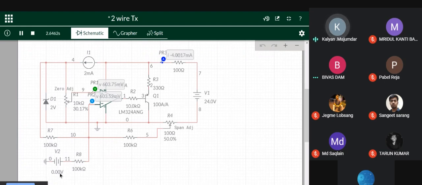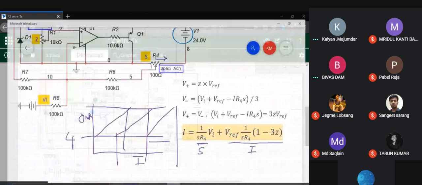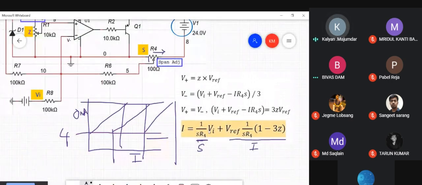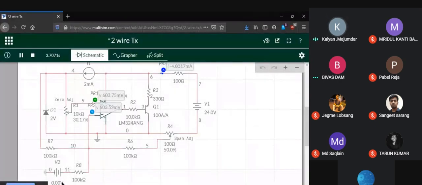Now, what is expected is that there's a linear relationship between input voltage and current. So if the input voltage changes, our current should proportionately change. I'm changing the input voltage.